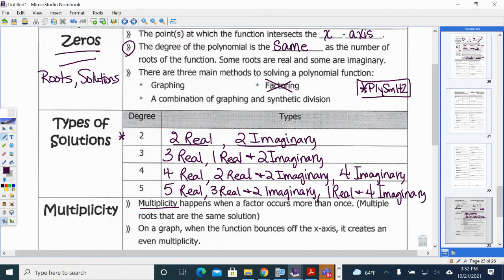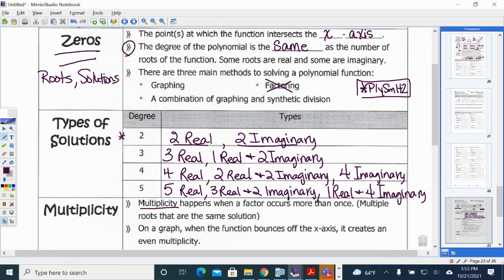So for a degree 3, a cubic function, you've got 3 solutions. And there's 2 different options here. Either all of the solutions are real, so 3 real solutions, or you can have 1 real and 2 imaginary.